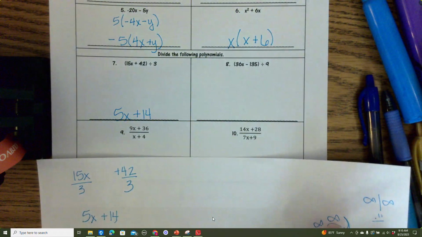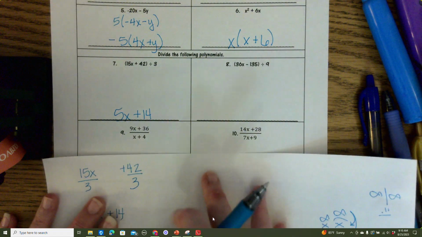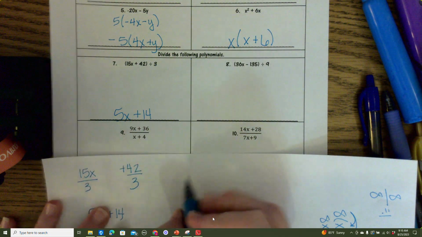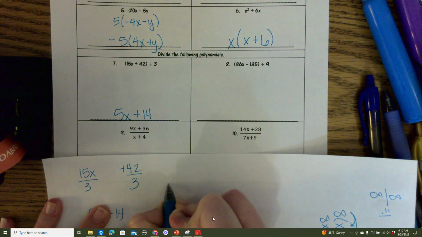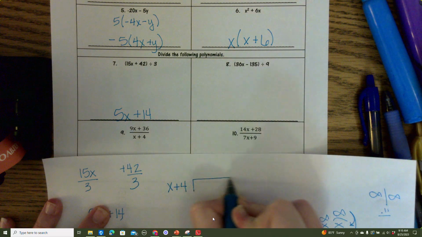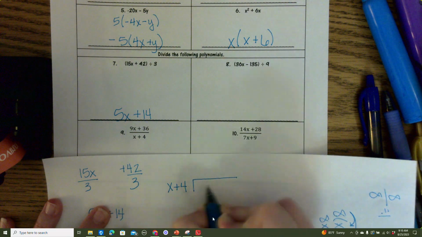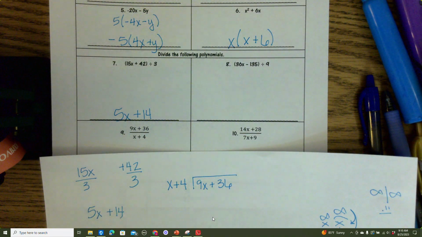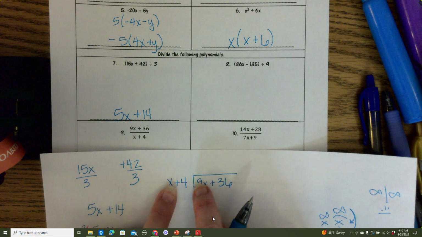Sometimes we've got bigger things to divide, like this. This we need to set up like a regular division problem. Bottom always goes on the outside, top goes on the inside. And how we do this one is we just look at the first pieces.